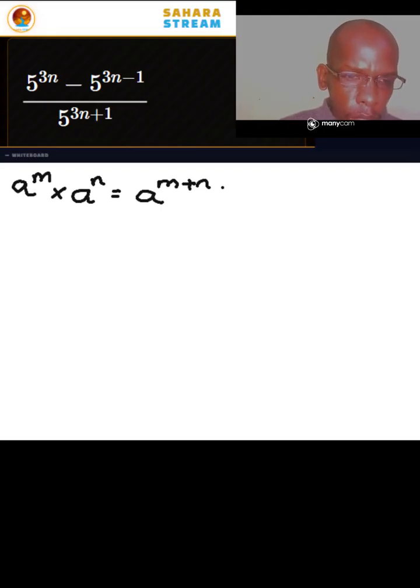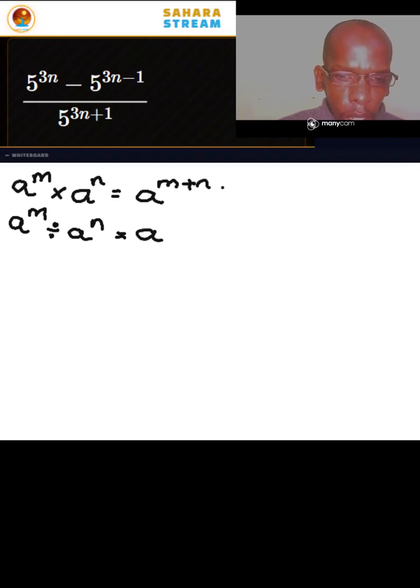And then the quotient rule says, if we have a raised to power m divided by a raised to power n, we can write it as a, the same base, raised to power m minus n.